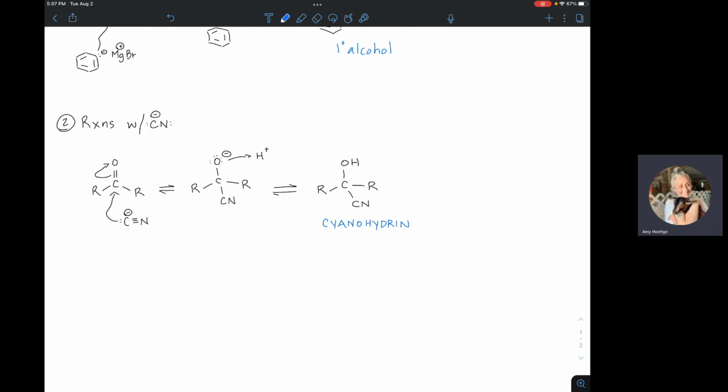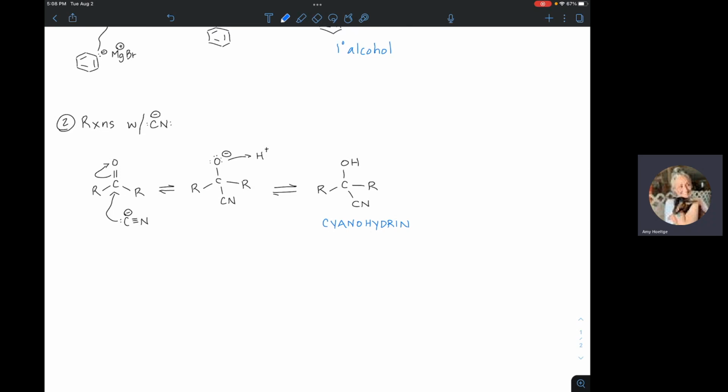So each one of these steps is going to be reversible. Cyanohydrins are pretty useful. They're useful as synthetic tethers or a synthetic group, right? Because we can do a ton of reactions with them to create new functionality. So I could take a cyanohydrin and react it under acidic conditions and get either a carboxylic acid, or I could get my aldehyde or ketone back again, depending on what your starting materials were.